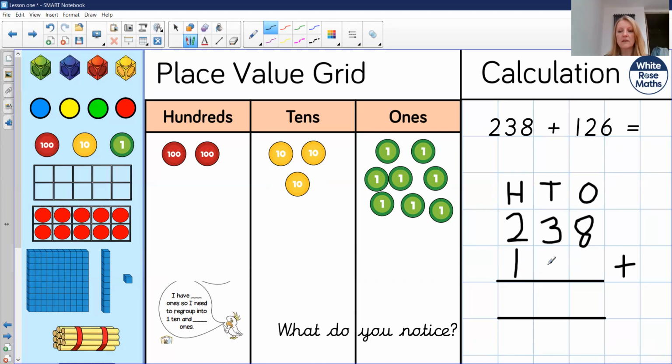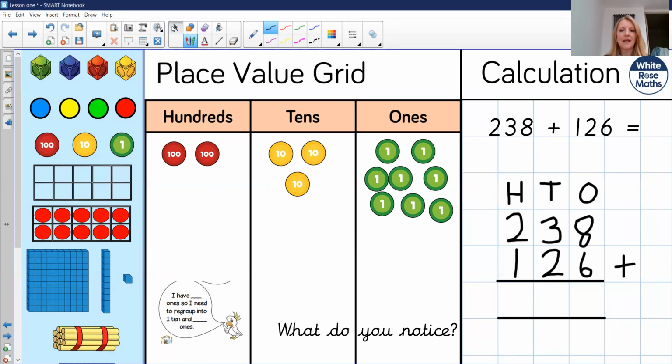My 1 is in the hundreds column, my 2 needs to be in the tens column, and my 6 in the ones column, because I've got 100, 2 tens, and 6 ones. Really important to make sure that they line up in the right column. So 238, add 126.